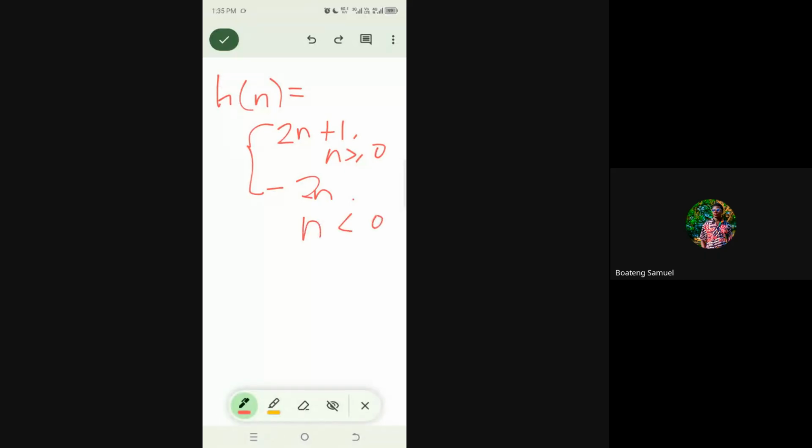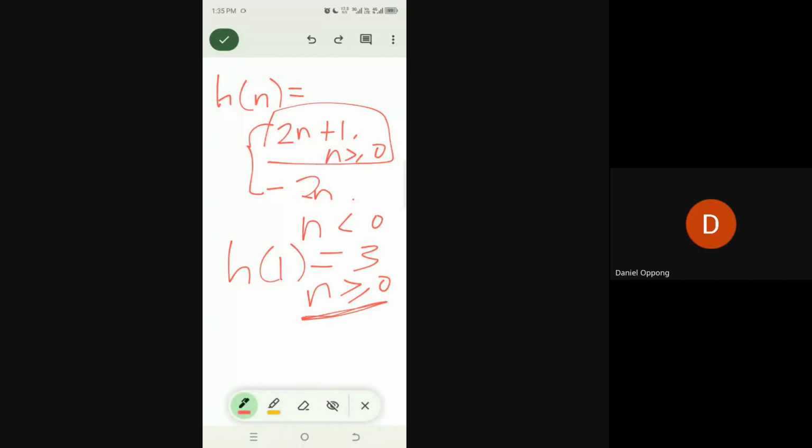They're asking us to find h of 1, which is 3, when n is greater than or equal to 0. Because of this particular rule, you are going to use the first one. So when we have h of 1, whenever you see n, you put 1 there: 1 plus 1 will give us 3. That's what we are saying here. Please, is it clear?